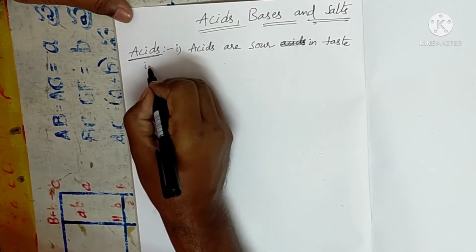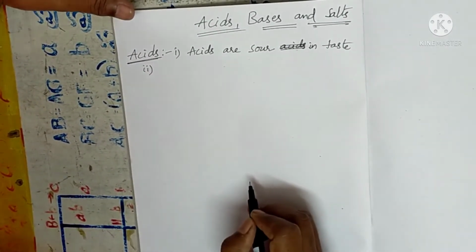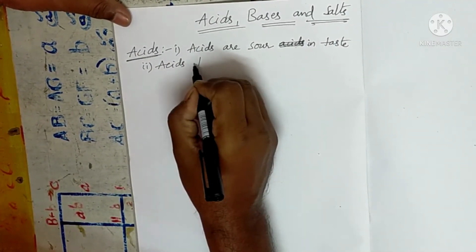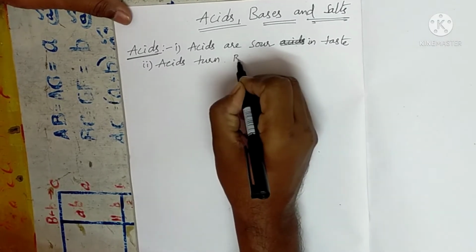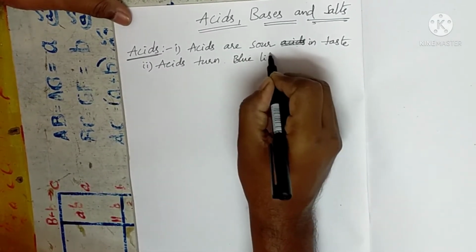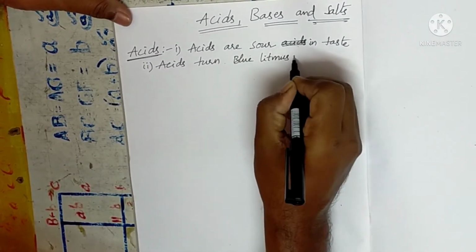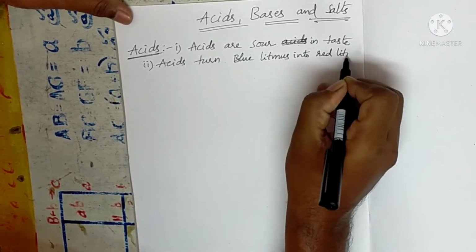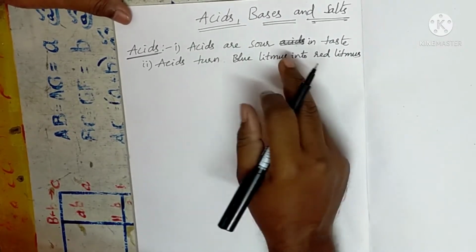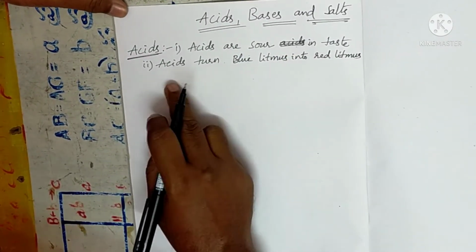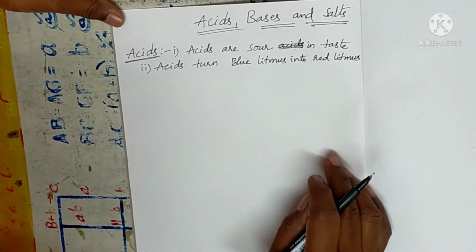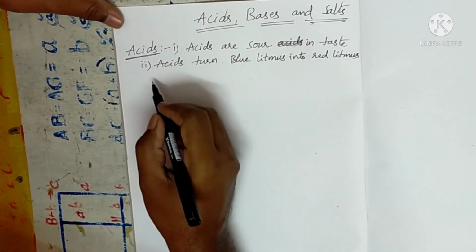Next, the second and main property of acids is that acids turn blue litmus into red litmus. So first, acids are sour in taste. Acids turn blue litmus red.